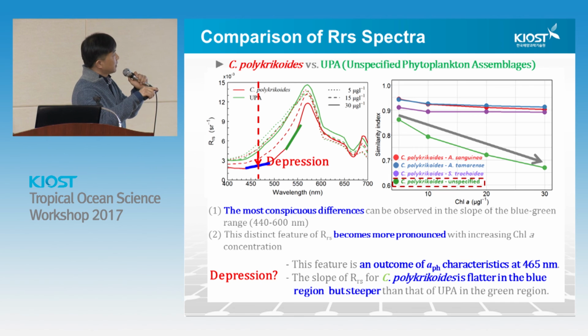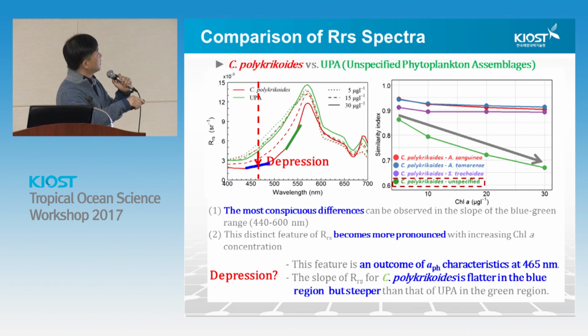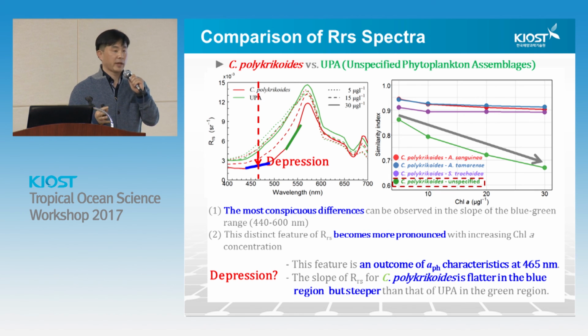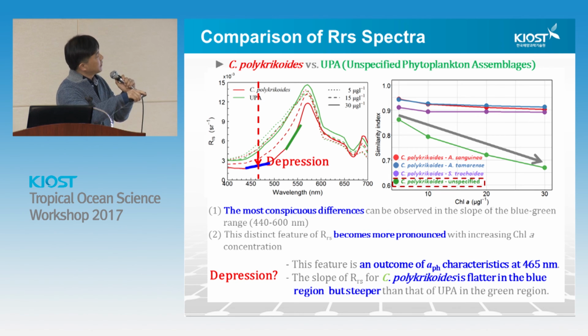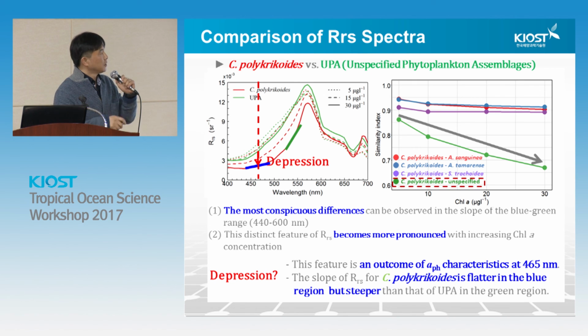So you can see here, the red color indicates the red tide species Cochlodinium polykrikoides, and the green color is the non-HAB case. At low chlorophyll concentration, we typically cannot discriminate, but as chlorophyll concentration increases, this difference increases. It means that with increasing chlorophyll concentration, you can see some depression over here.